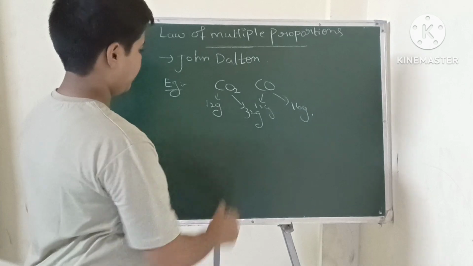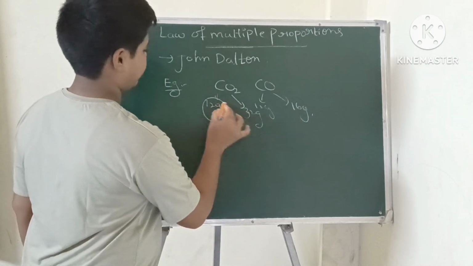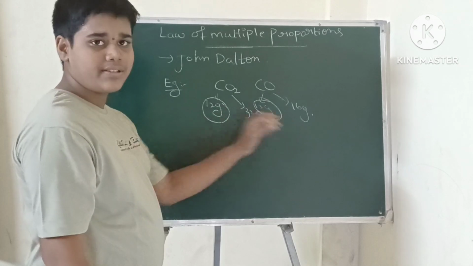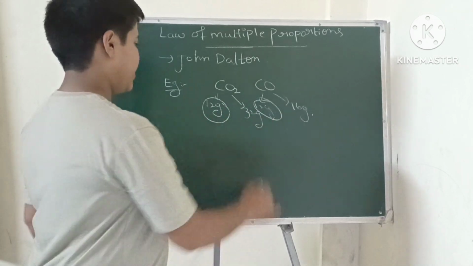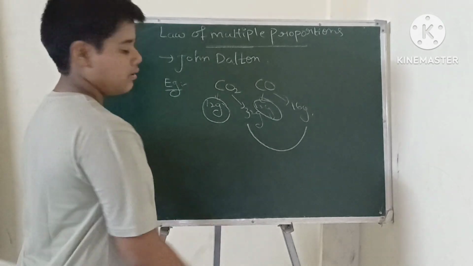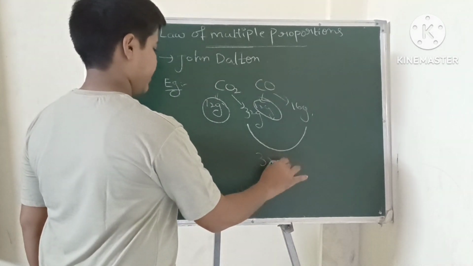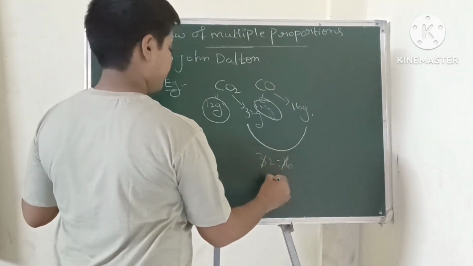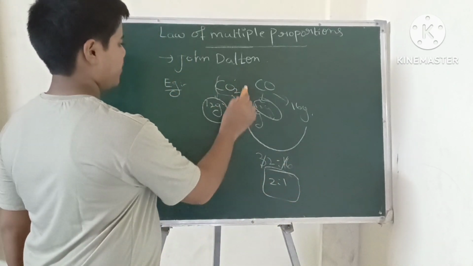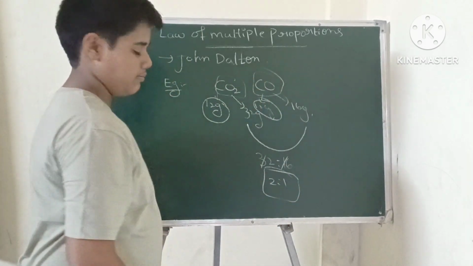So if you see here, the carbon weight is fixed in these two compounds. Then we have to take the ratio of these two. So 32 is to 16, which is nothing but 2 is to 1. So the ratio of these two compounds is 2 is to 1.